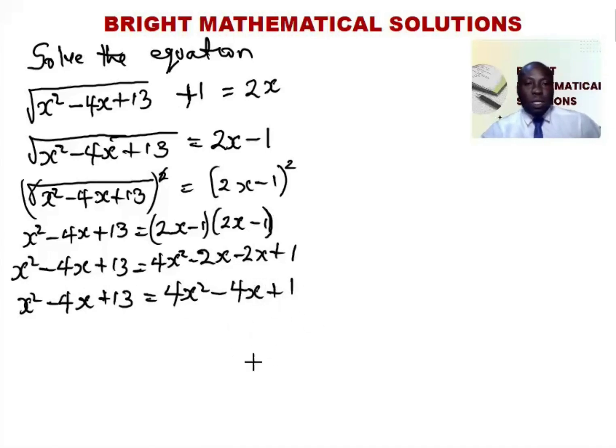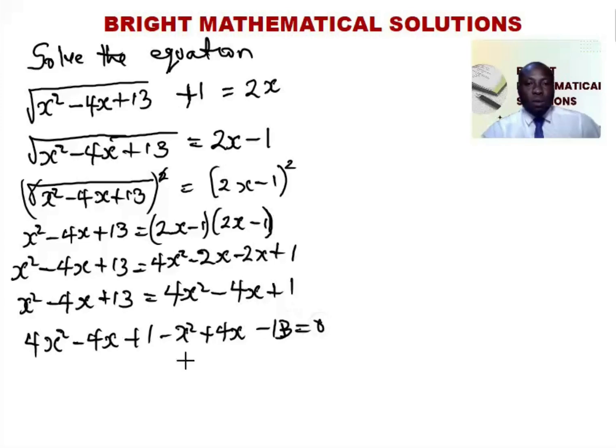Let us collect the like terms together. Everything that we have here, let us bring it to this side. Therefore, 4x squared minus 4x plus 1 minus x squared plus 4x minus 13 equals 0.